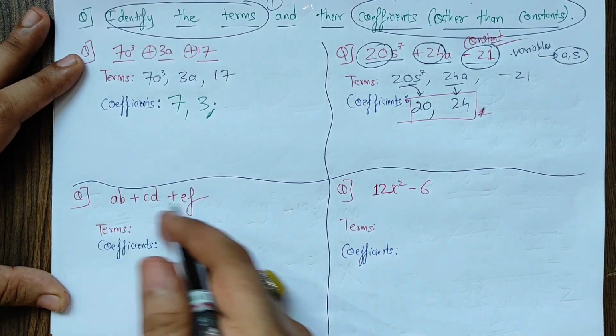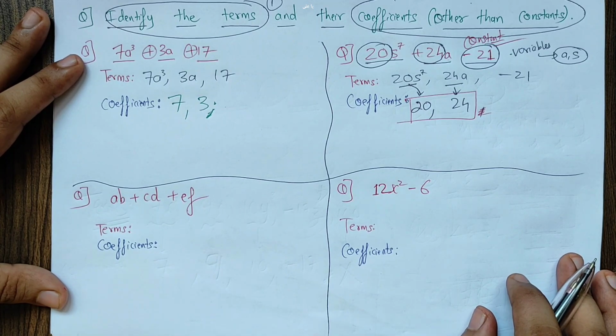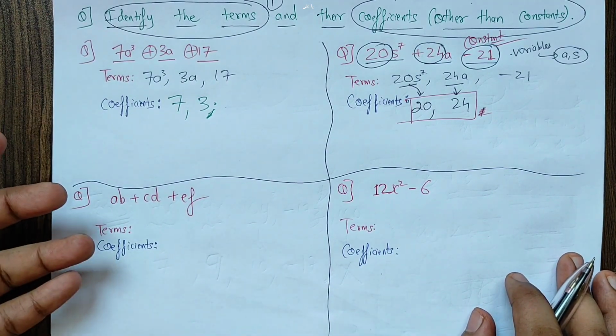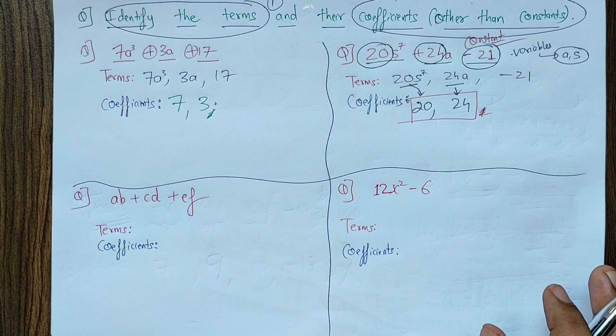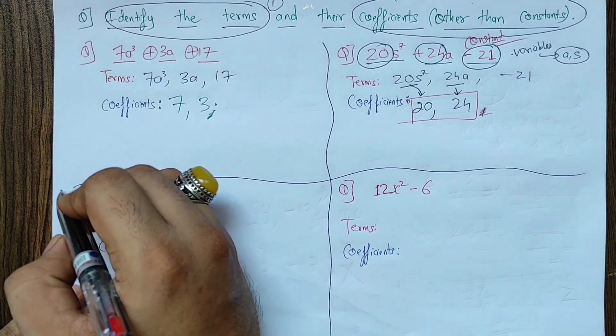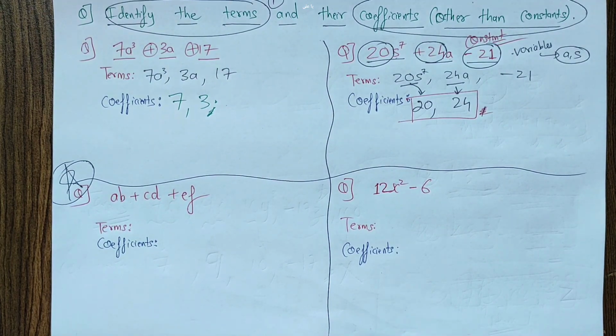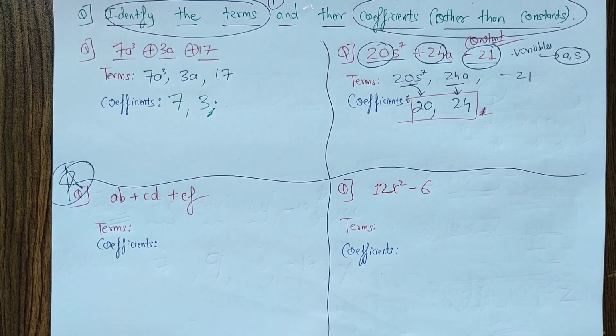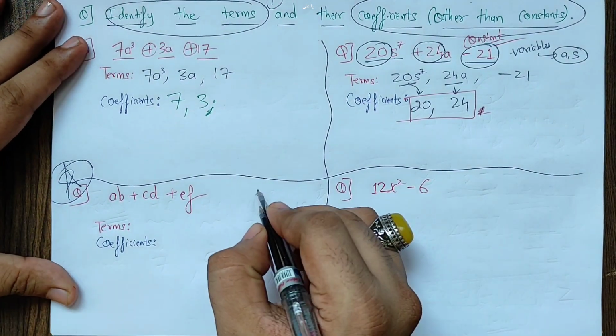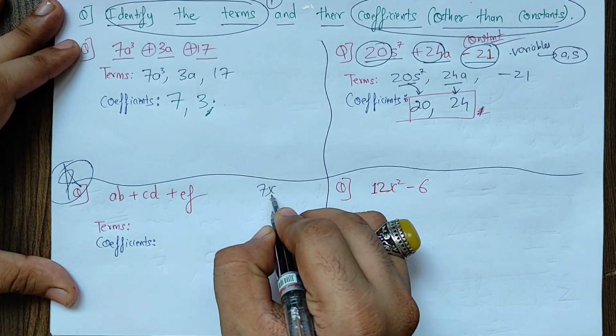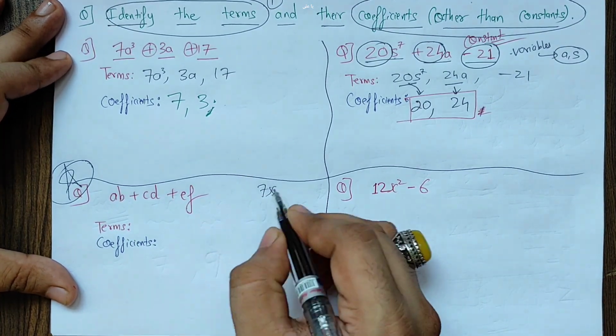Here we have only alphabets. So here we cannot rectify. Students, pay attention. It's an important question, I'll mark a star over here. Here we cannot rectify what is coefficient and what is variable. Understand please. If I say 7x for example, x is variable, 7 is coefficient. What is coefficient?